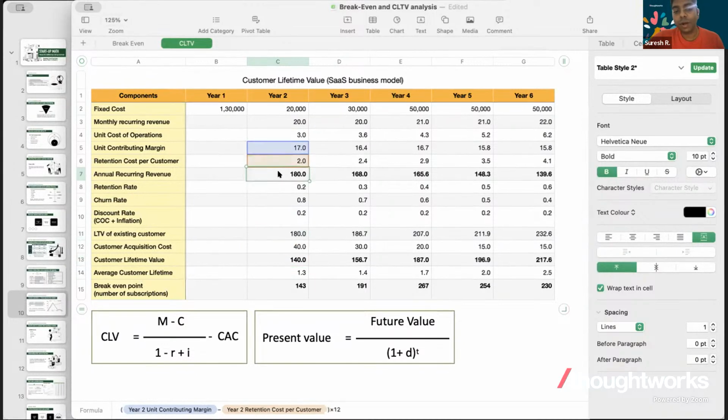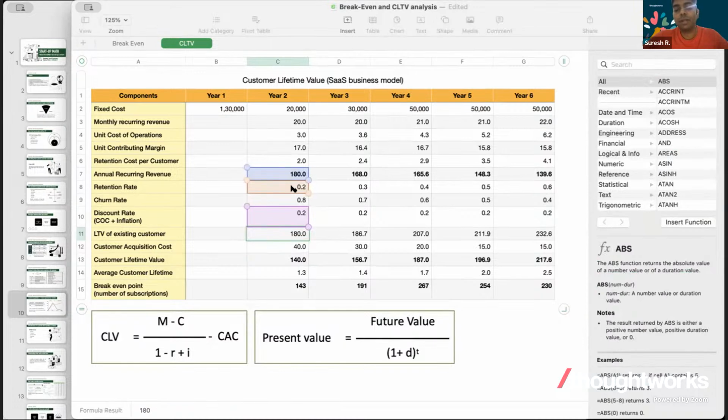I also have acquisition cost, and I do not have a large customer base to start with. So my expenses are just going to be netted off against the annual recurring revenue, and from that I've negated the customer acquisition cost and got the customer lifetime value.